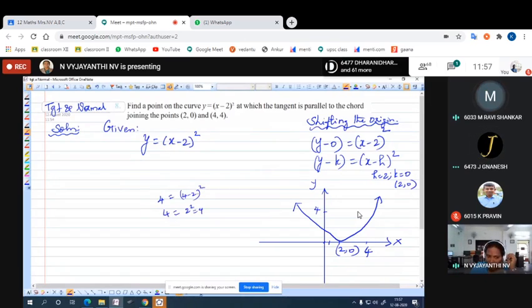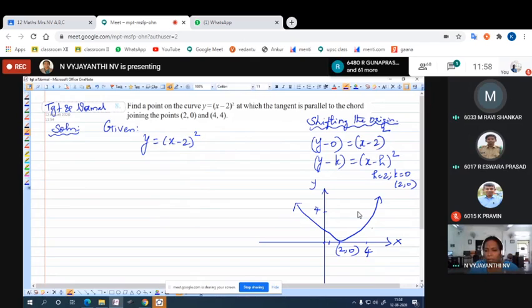See, if you apply (4, 4), it is satisfying the equation. If I put y as 4 and x as 4, the equation is satisfied, isn't it? So what does it mean? It lies on the parabola, the given curve.